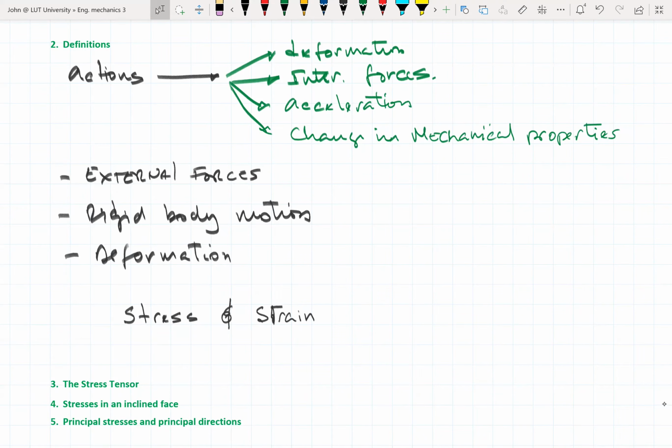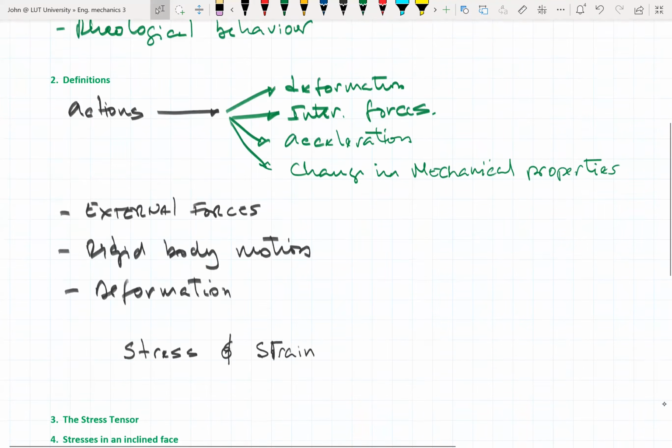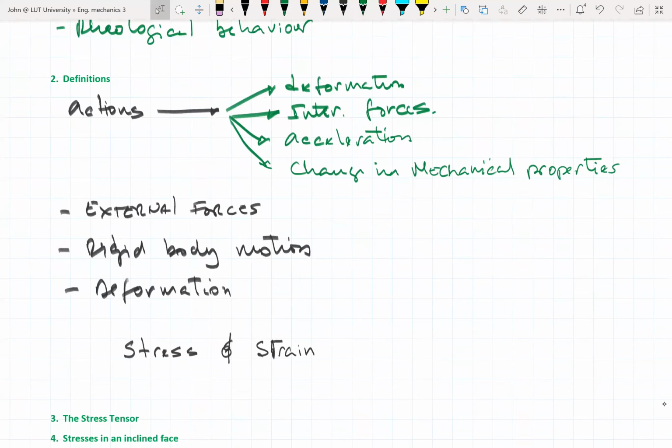That's going to be our main focus here, because in the end, we want to find a way to know that external forces applied to the body are going to create internal forces. These internal forces then are going to create stresses and strain, and they're going to cause certain reactions on the body, like deformation, or acceleration in the case of rigid body motion.